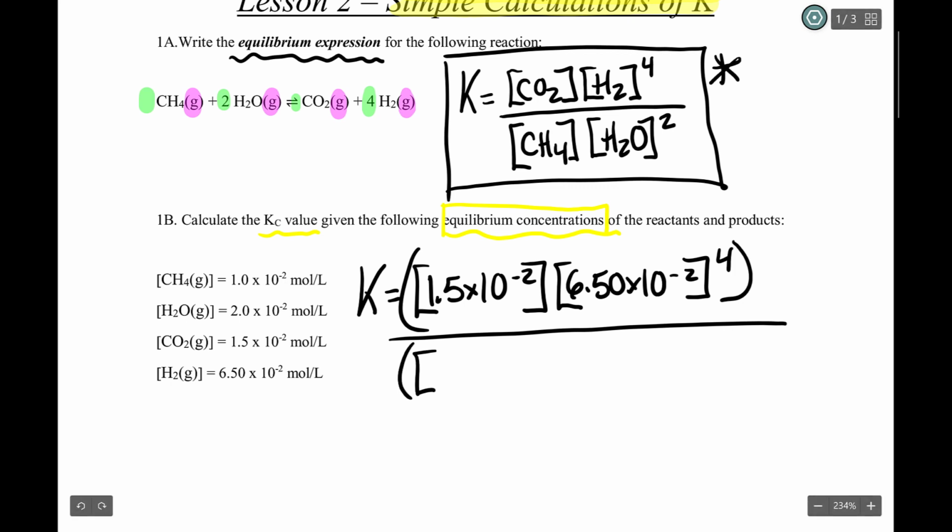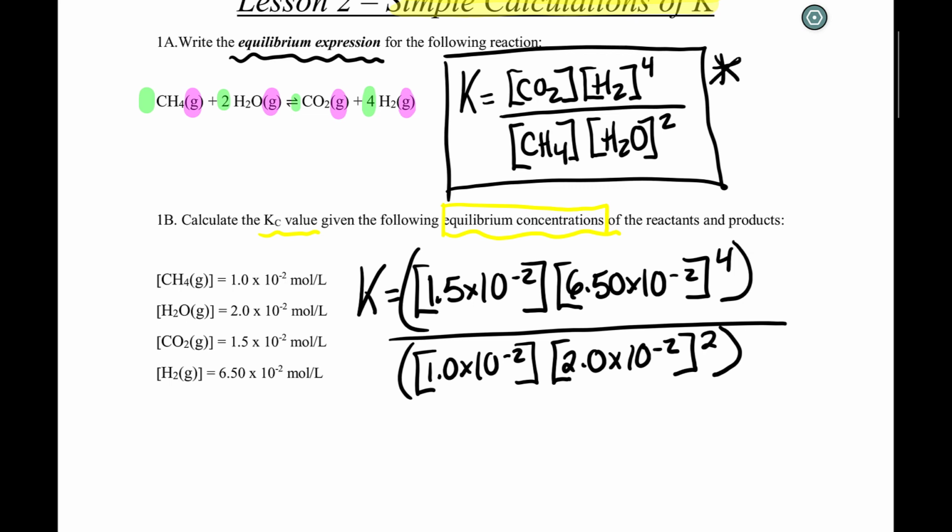I then have CH4, 1.0 times 10 to the negative 2 raised to the power of 1. And then I have H2O, which is 2.0 times 10 to the negative 2, and this is raised to the power of 2. I close that off. What to do now is pause the video and make the calculation on your own in your calculator.